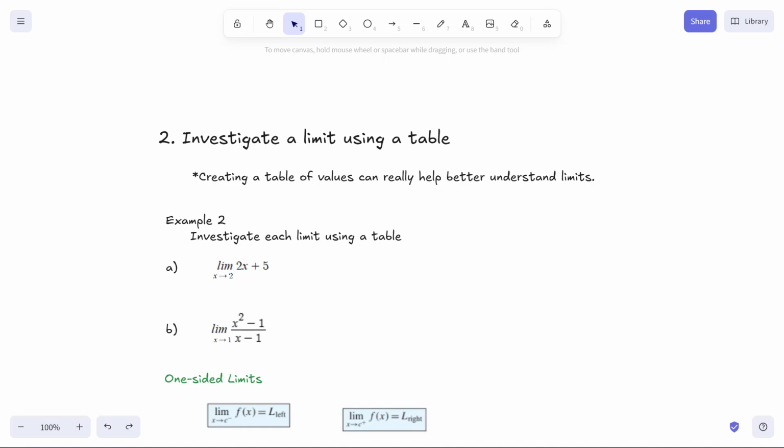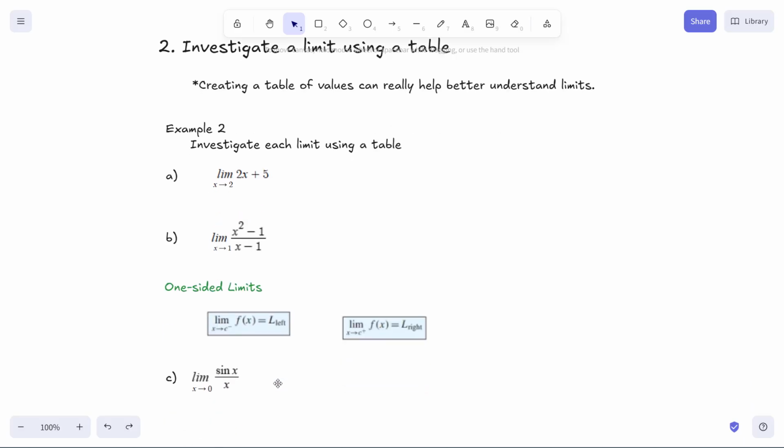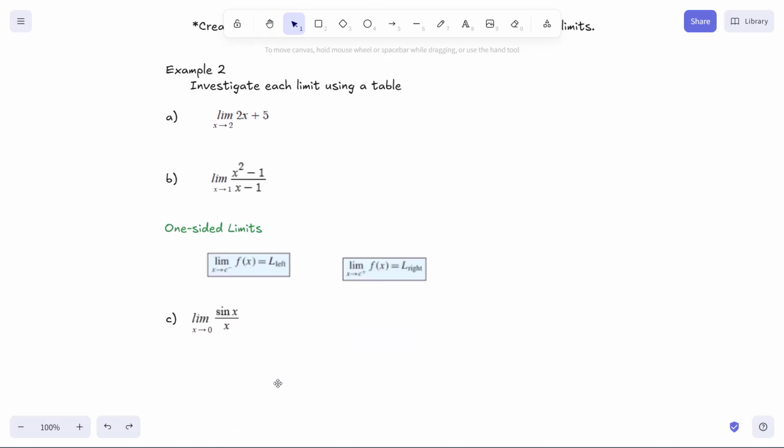One other piece that we want to quickly talk about are one-sided limits. Now, we've already talked about these informally, but a one-sided limit is when you look at what the limit is as x approaches c just from the left or just from the right. To understand what happens as x approaches c from the left, we use a little negative as the exponent, and from the right, a little positive on the exponent.